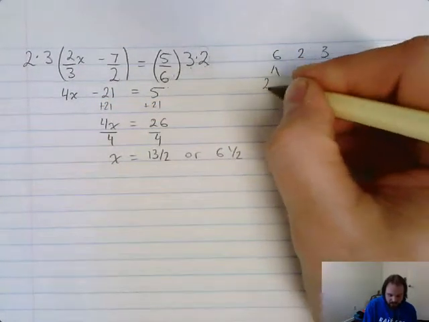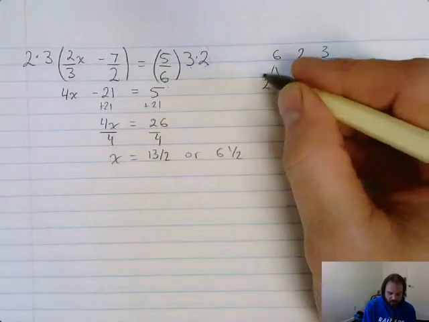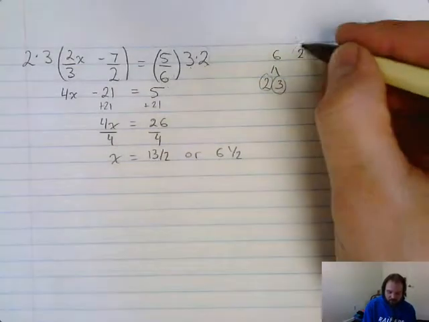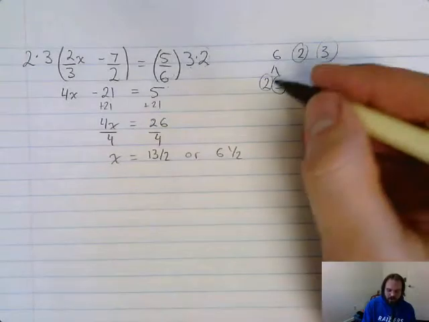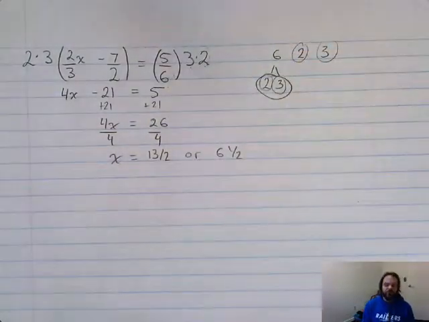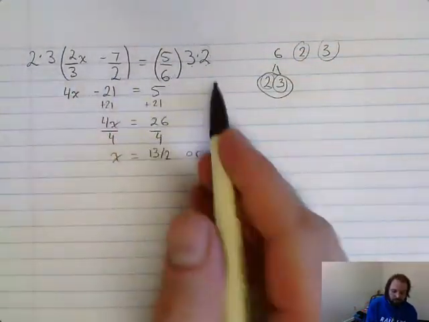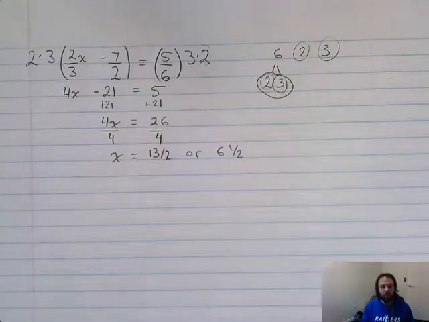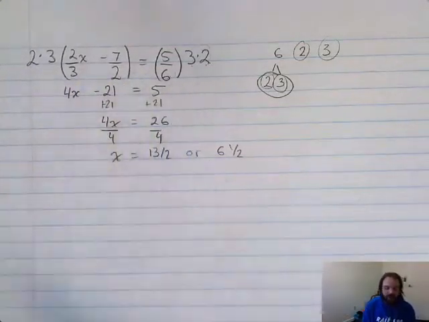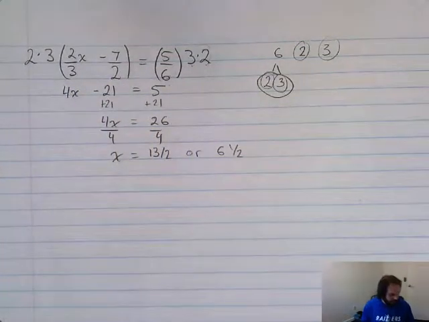This breaks down to 2 times 3. So we have a 2 and a 3. Those are the primes. So altogether, we need 2 times 3. The lowest common multiple of our denominators, which also means lowest common denominator, is what we are going to multiply by to get rid of our fractions.